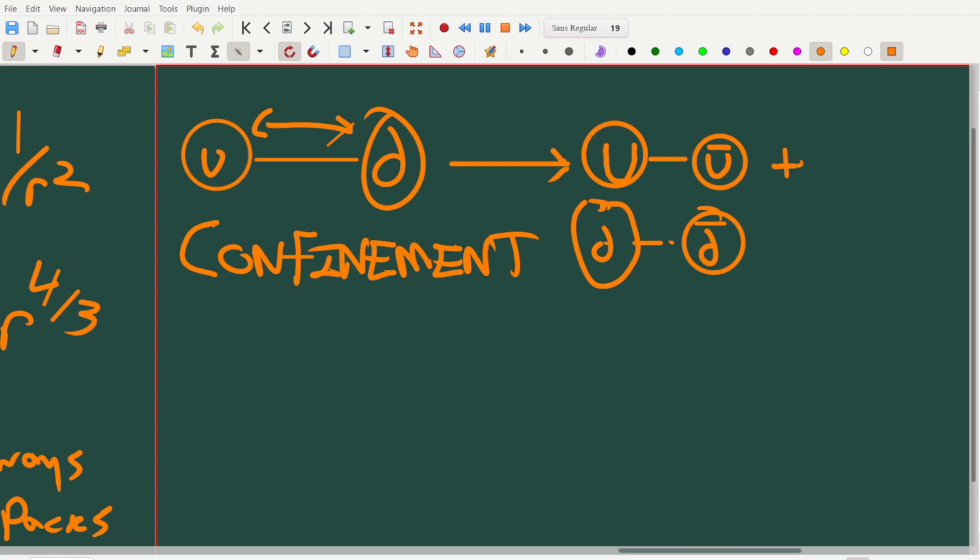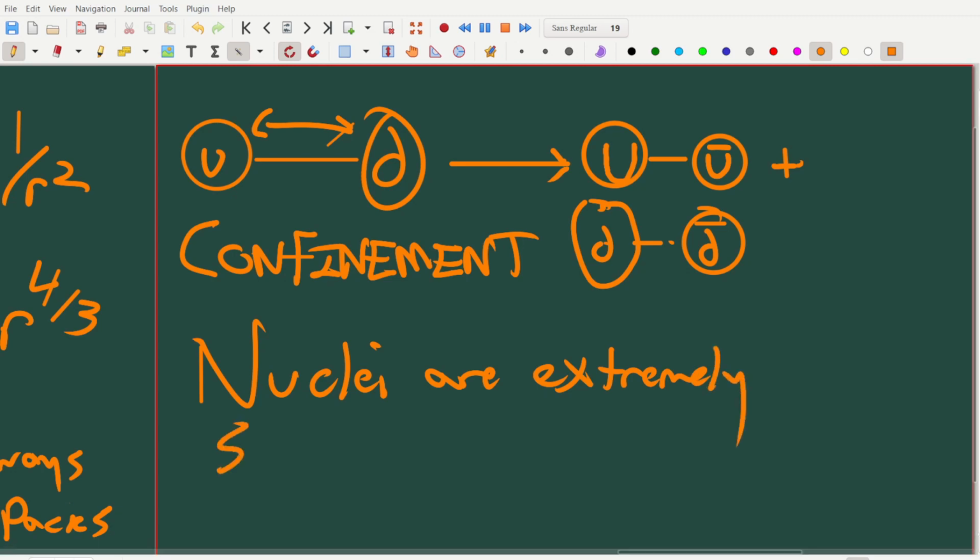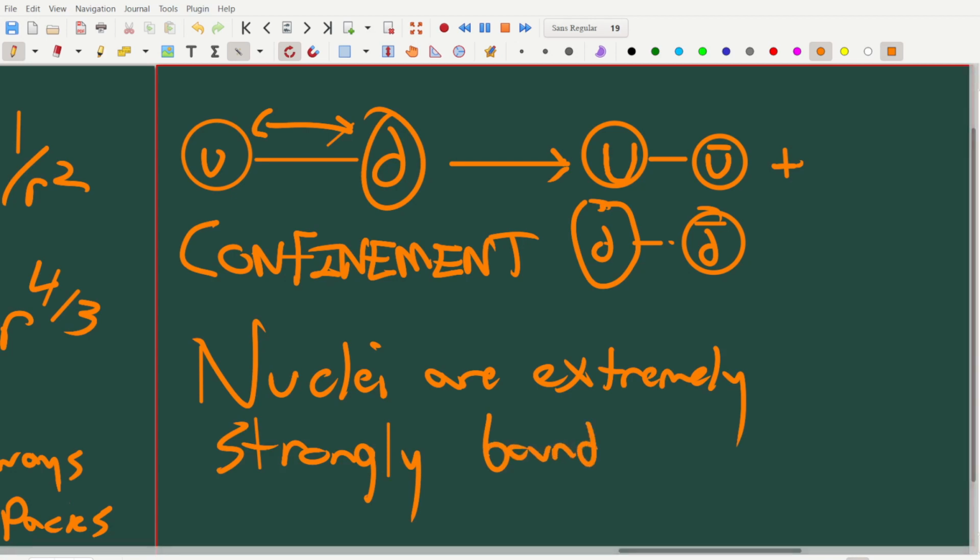It's impossible to pull them apart. There's always a new quark that gets formed, and they form pairs. What this means is that nuclei are extremely strongly bound. You need a lot of energy to break them apart.